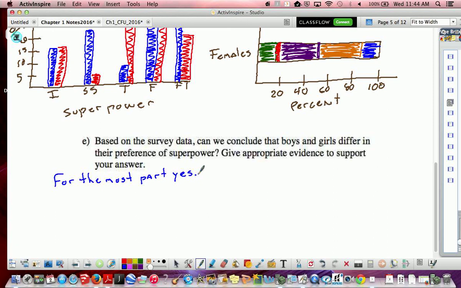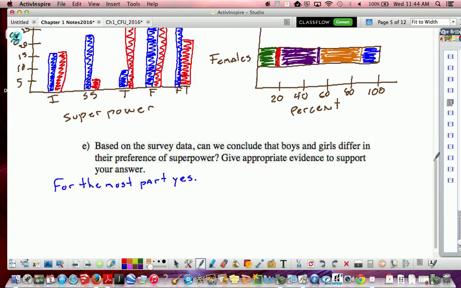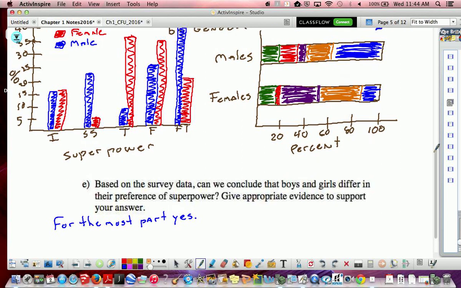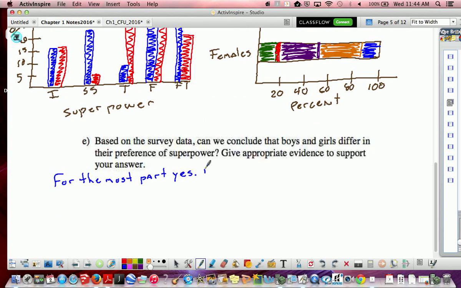Which ones did males prefer more than females? Freezing time and super strength. So I'm going to note this.